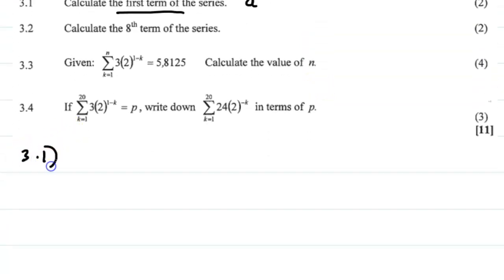What do we have? We have the ratio which is equal to half, and the sum to infinity which is equal to 6.